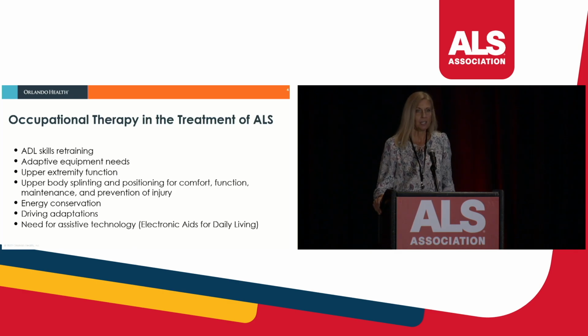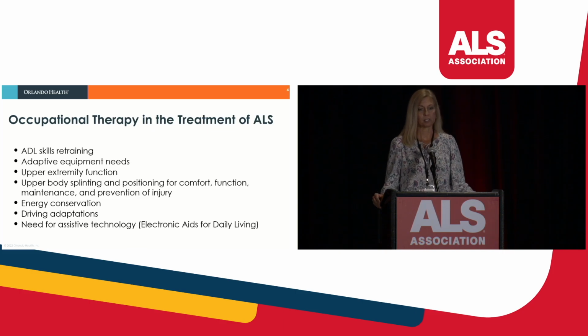Energy management. This diagnosis impacts muscular energy or fatigue. You get general fatigue from maybe having to work harder to complete a task, and neurological fatigue can also be impacted. So it is something that's important to address as well.